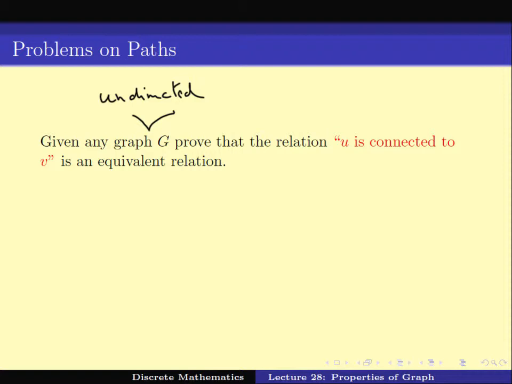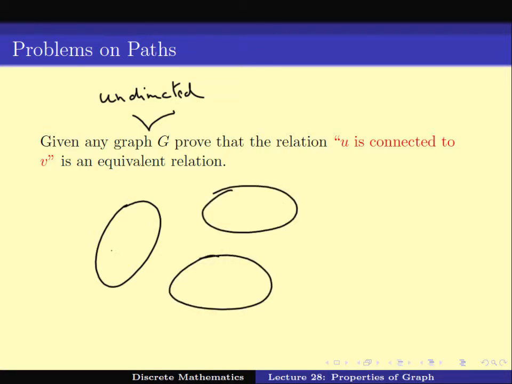So namely, we can split up the graph G into chunks like this, where any two vertices here are related, all the vertices are related, and a vertex from this chunk to another chunk is not related. So we have the equivalence classes.